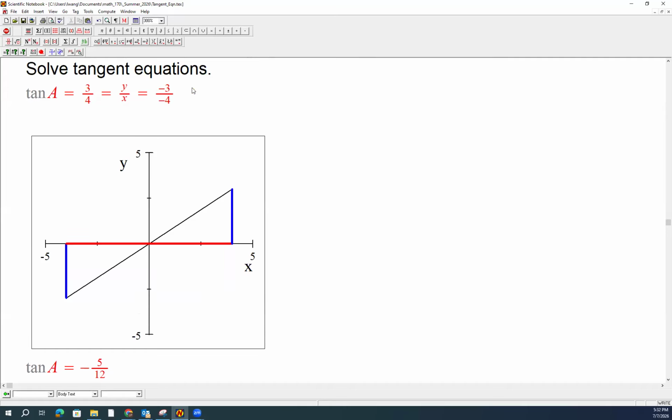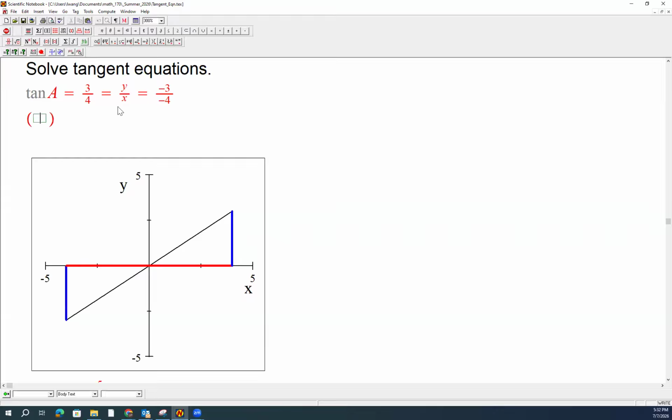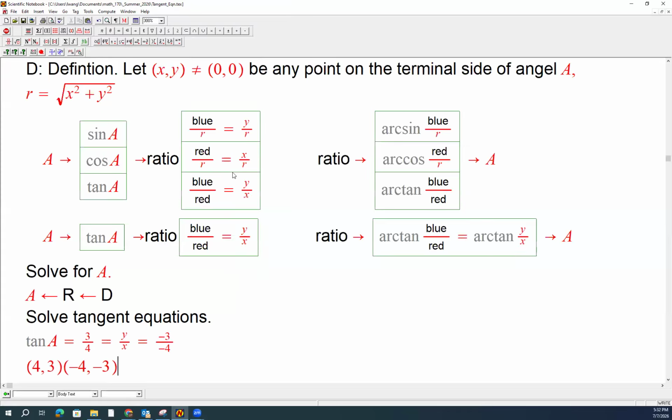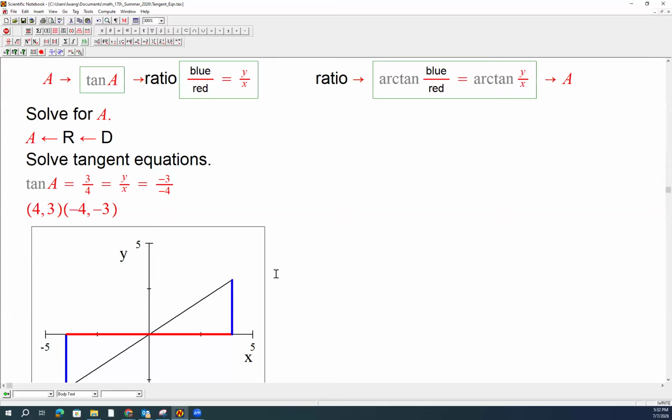So simply, we have two pairs of points. One is x is 4, y is 3. The other point is x is -4, y is -3. These two points, in the definition, are the point we call x comma y.